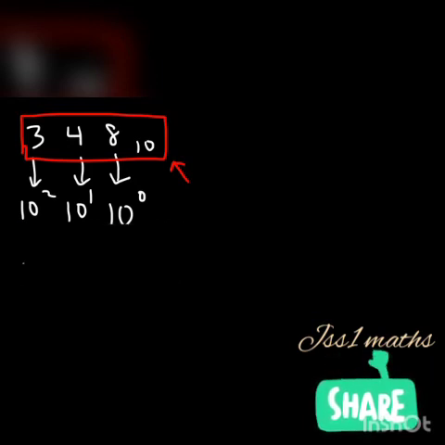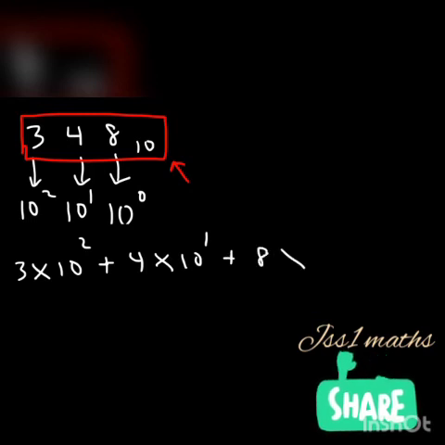So we can represent 348 as being 3 times 10 squared plus 4 times 10 to the first power plus 8 times 10 to the 0 power. Now 3 times 10 squared, we know 10 squared or 10 times 10 is 100. 100 times 3 is 300.